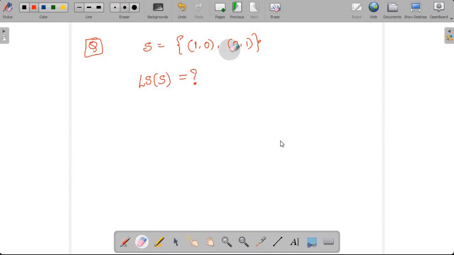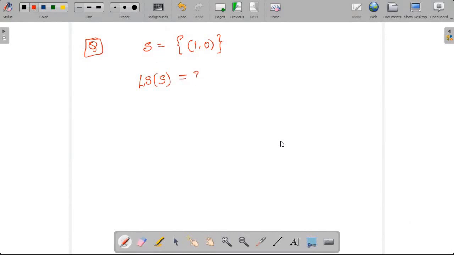Let me do one thing. Let me start with the singleton set first, and later I'll go to the two element set. What is the linear span of S here? Your set contains only one element. Can someone respond? All right, let me help you.